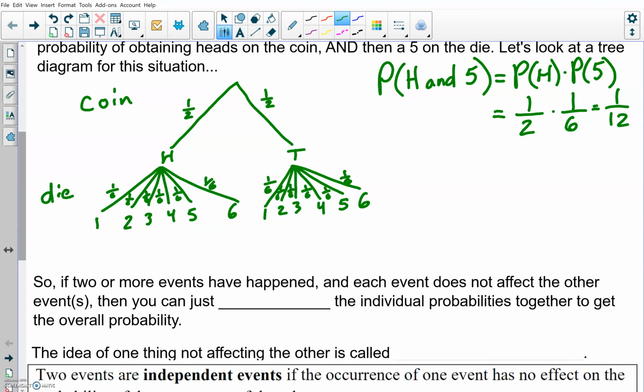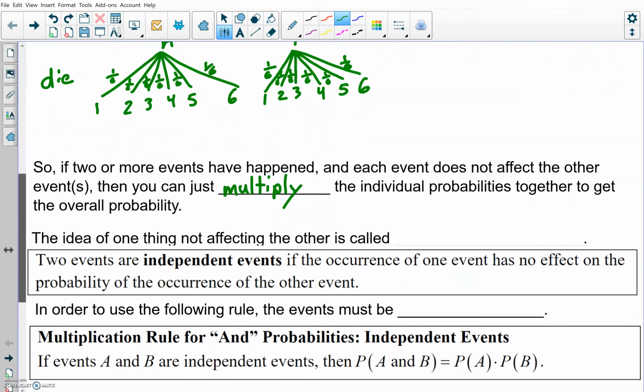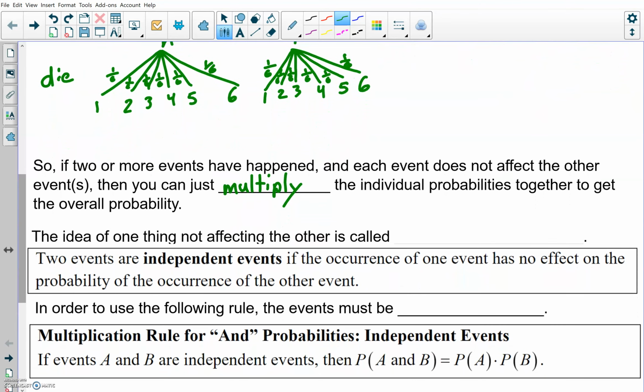The flipping of the coin doesn't change what's going to happen when you do something with the die. And in general, if one event happening doesn't have any effect on what happens in the other event, then you can just multiply the individual probabilities together to get the overall probability. So there's a special name for this idea when one thing doesn't affect the other, and it's called independence.